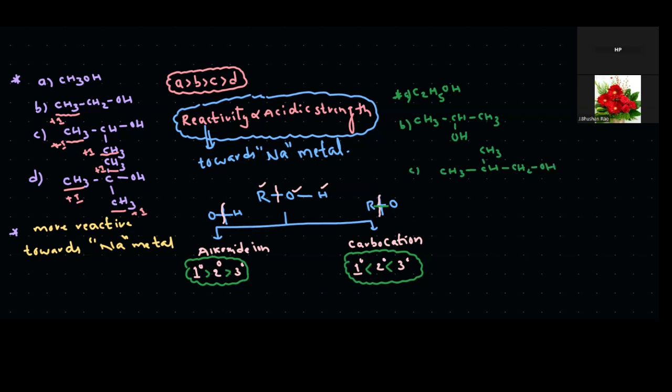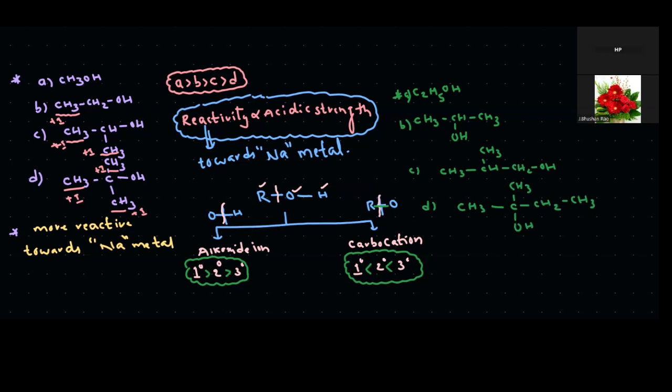Fourth one, CH3C(OH)(CH3)CH2CH3. So these are the four compounds given.